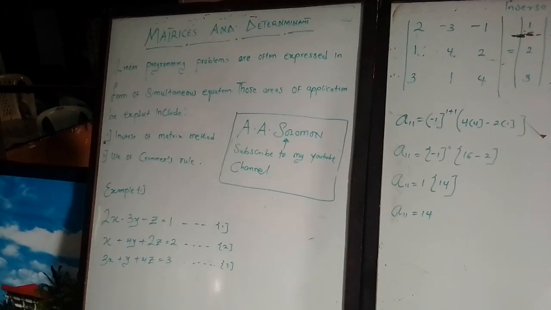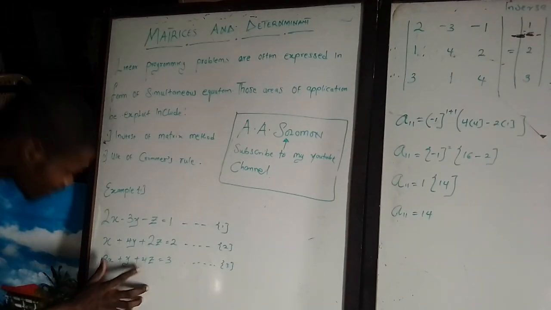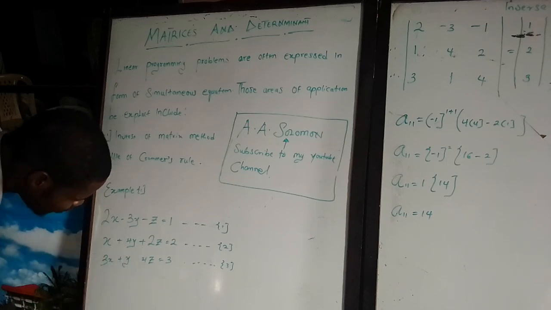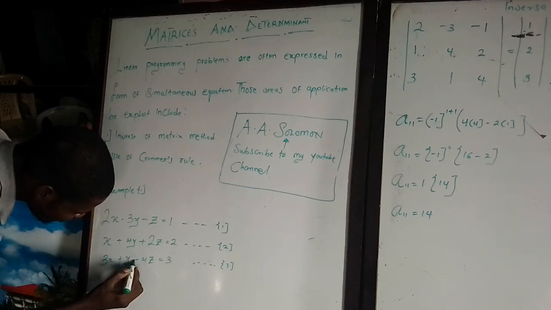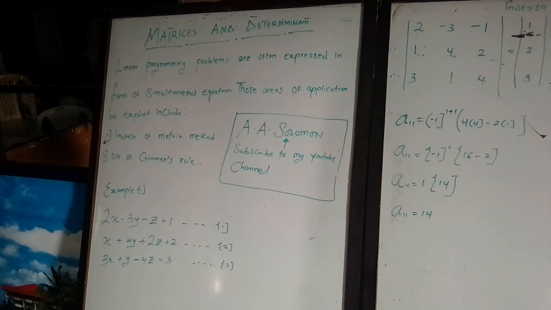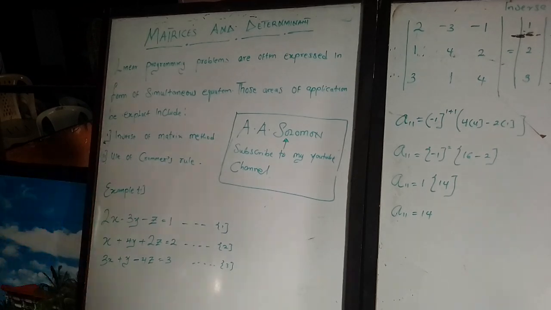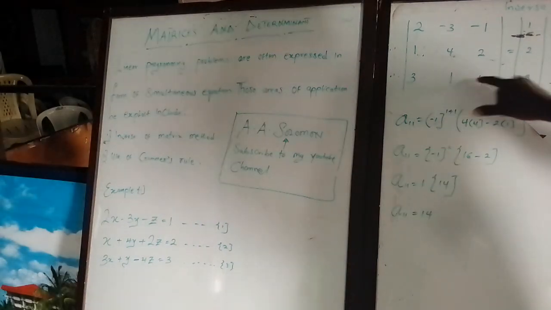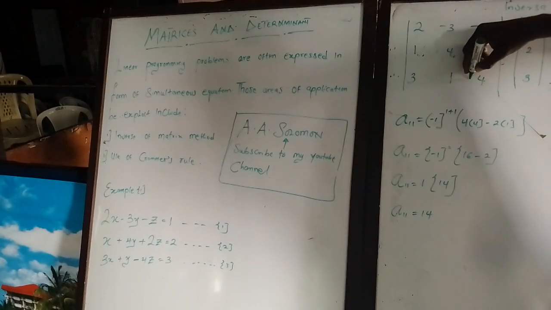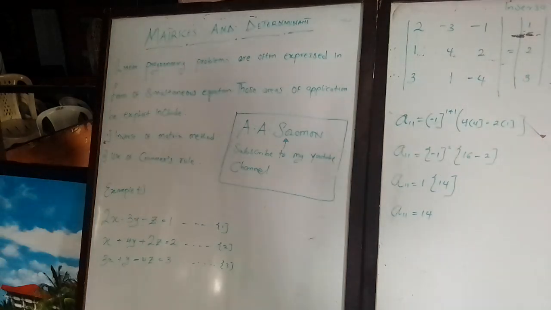From this question down here, this should be minus. Instead of plus, I changed it to minus. So since you change it to minus, you are going to change this place to what? Minus. Do you understand now?